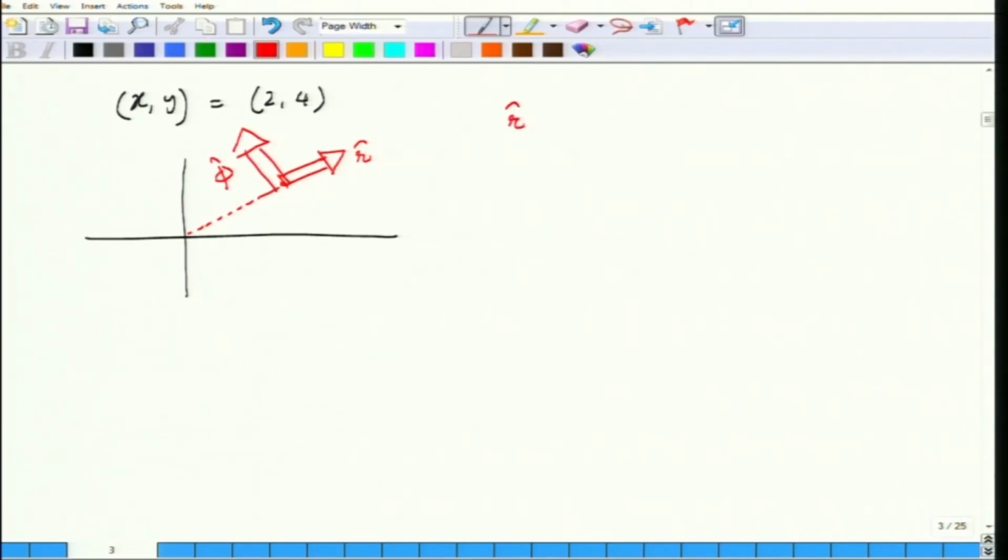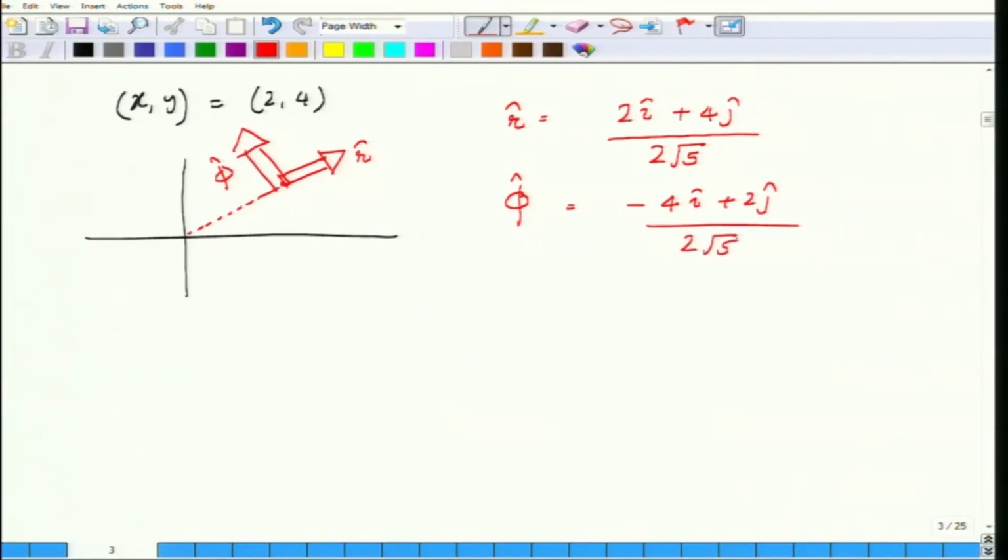I have r unit vector equal to 2i plus 4j over, we have already determined what r is, 2 root 5. And similarly, phi unit vector is equal to minus 4i plus 2j over 2 root 5.